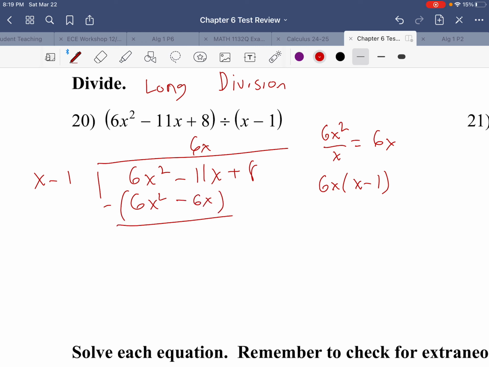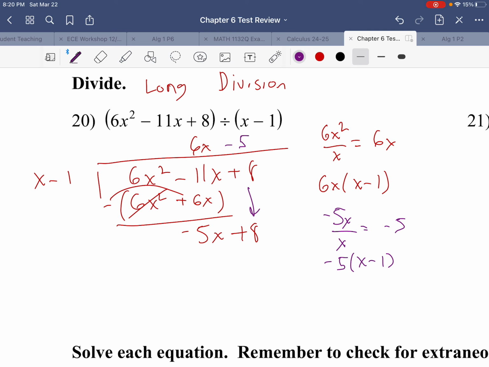And when I subtract, these cancel, and this becomes negative 11x plus 6x to get negative 5x plus 8. I bring down the 8, so for the plus 8, and now I divide negative 5x divided by x to get negative 5. I'm going to multiply negative 5 times x minus 1 to get negative 5x plus 5.